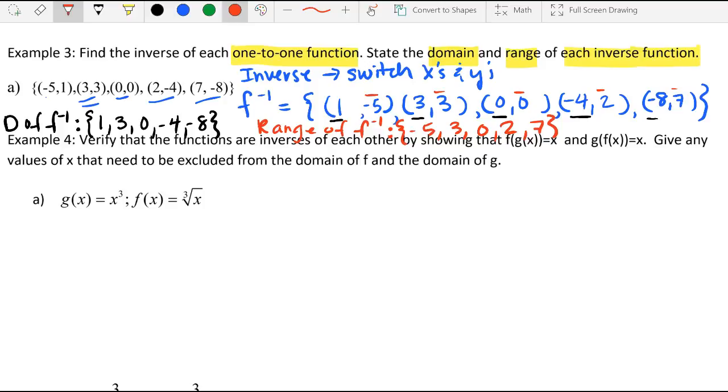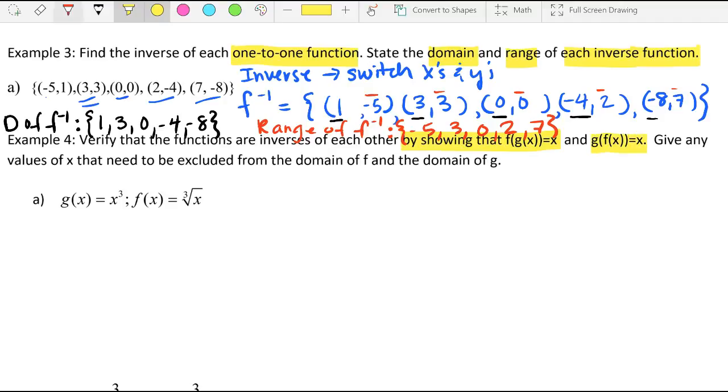Let's move on to example 4. Example 4, verify that the functions are inverses of each other. It tells you how it wants you to do it, by showing that f composed with g of x equals x and g composed with f of x equals x.